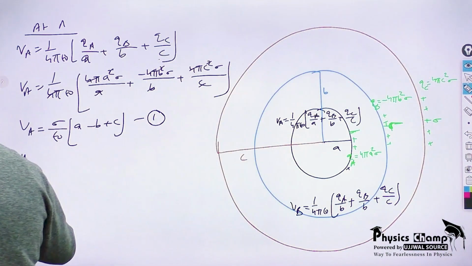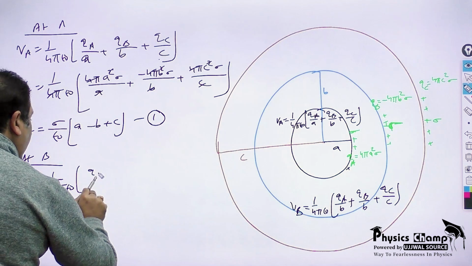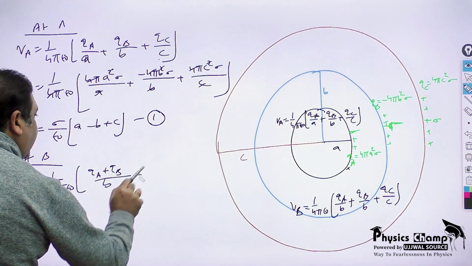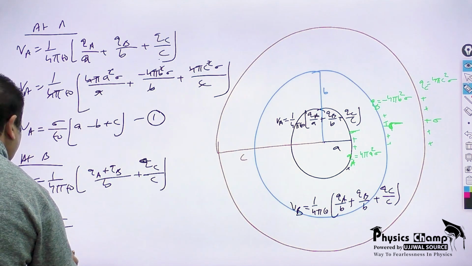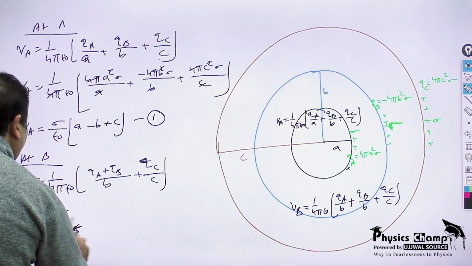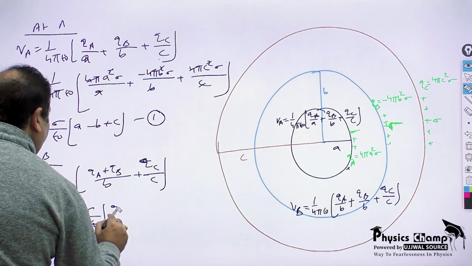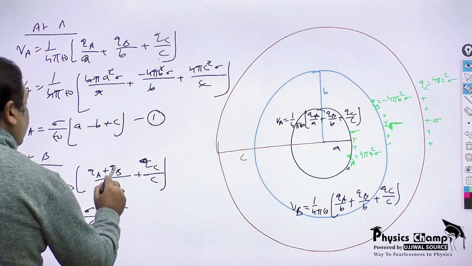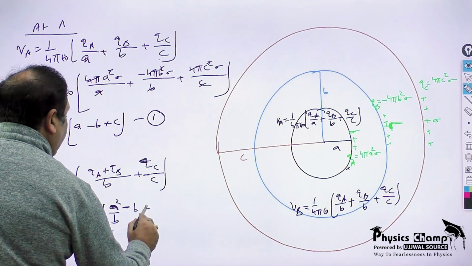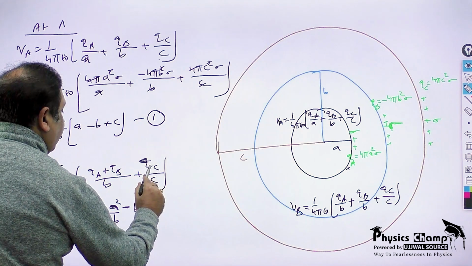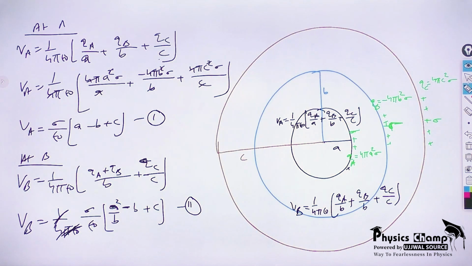So we are getting potential at B as sigma by epsilon naught into A square by B minus B plus C.